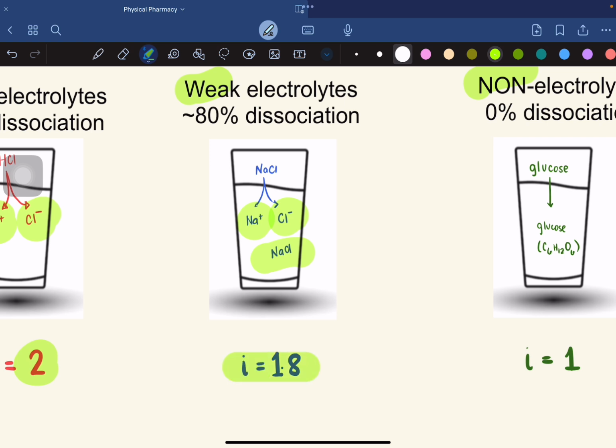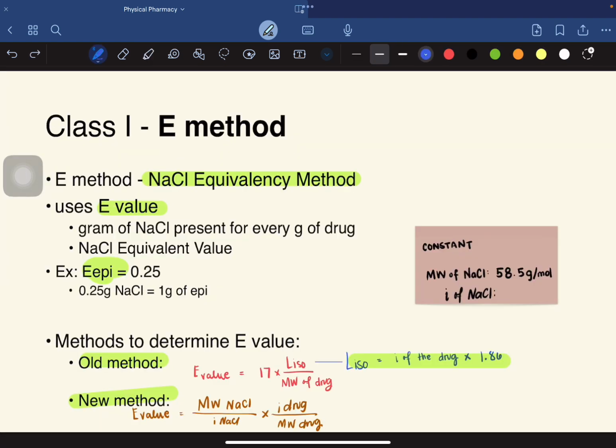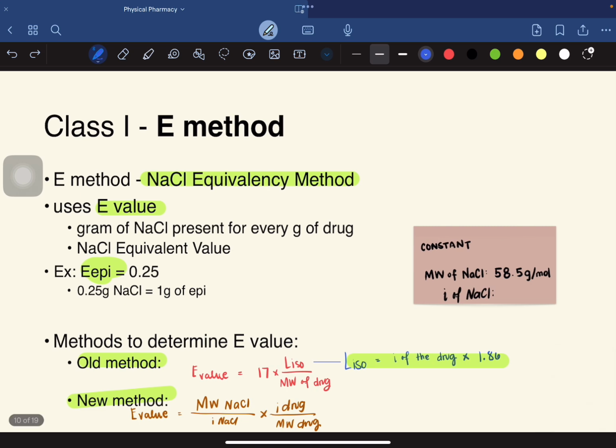Now, what about your non-electrolytes? So your non-electrolytes will not dissociate when in solution. For example, would be your glucose, sucrose, lactose. So once they will be in a solvent, they will not dissociate. Kaya, it will still remain as 1 kasi it is a non-electrolyte. So from that discussion, we can conclude that the Van Hoff number of your sodium chloride is 1.8.